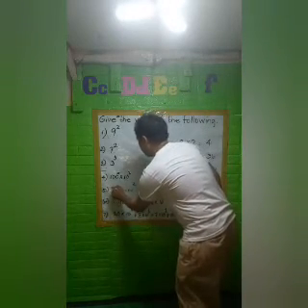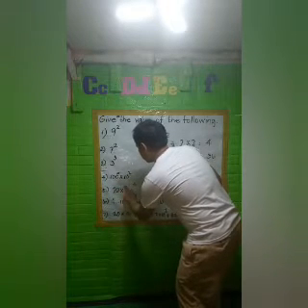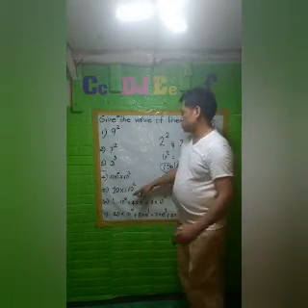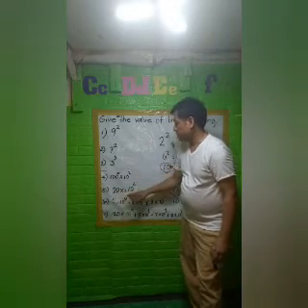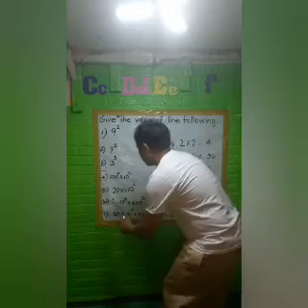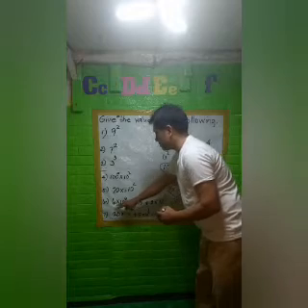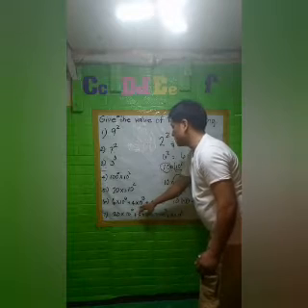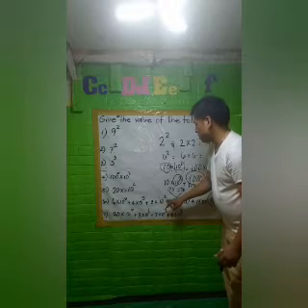Another one, we have here 20 times 10 squared. So what is the product? Then the next one we have here 6 times 10 to the power of 6 plus 4 times 10 cubed plus 2 times 10 squared.